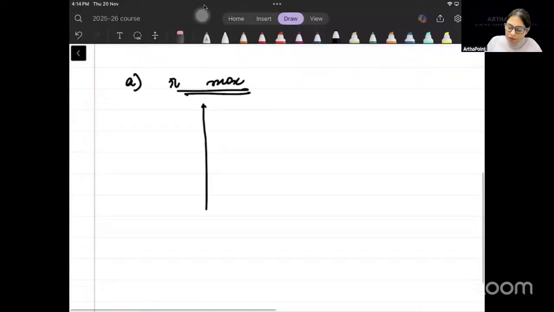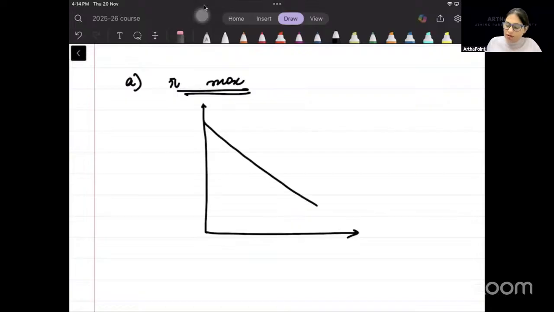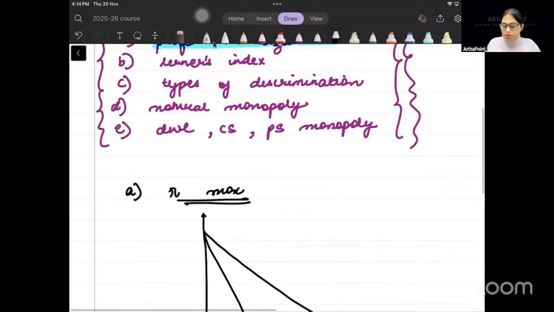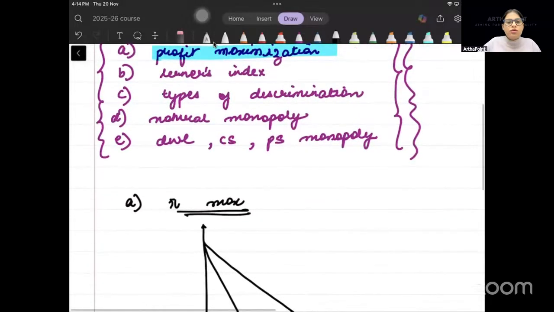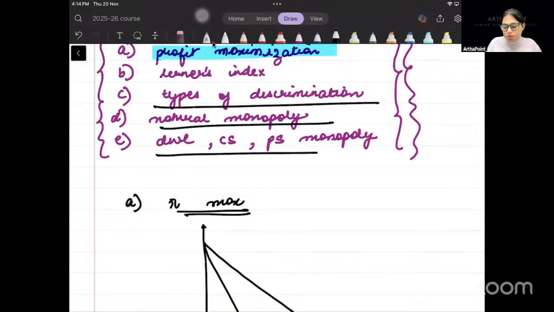So when we talk about profit maximization condition, beta, this is an AR curve. This is an MR curve. A monopolist has separate AR and MR curves, right? Price discrimination, natural monopoly, and this. These are the topics. We'll do them, don't worry.